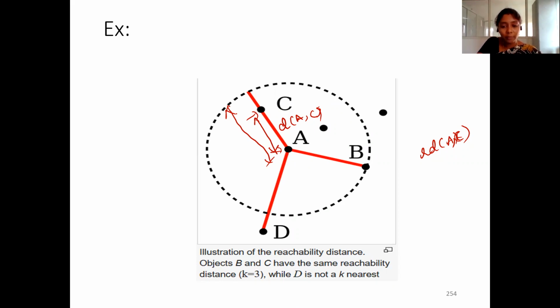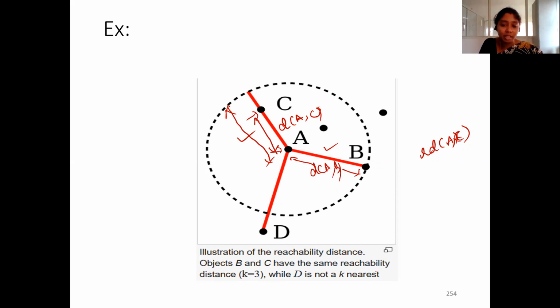So we consider this distance here. If you consider this case, the distance between A and B is this one, and the reachability distance is also the same. This is an illustration of the reachability distance.